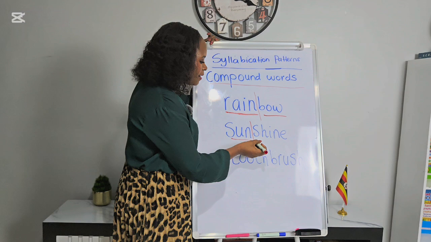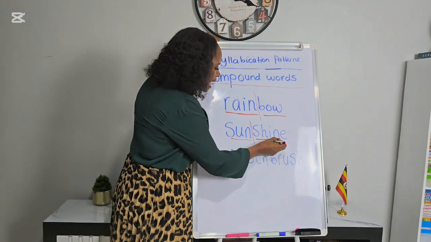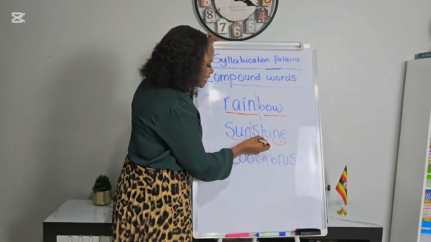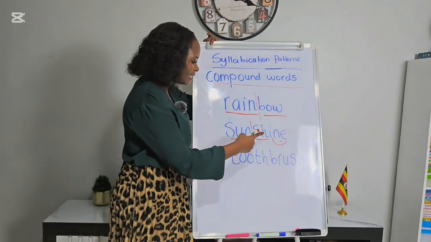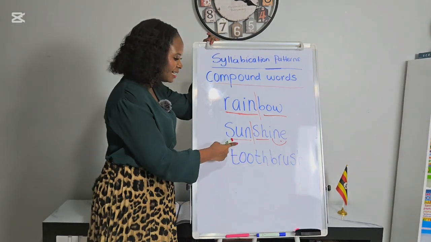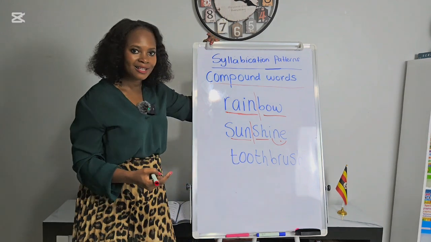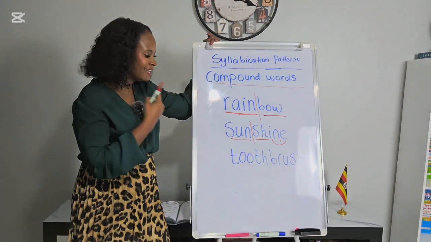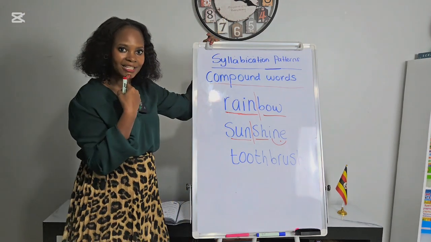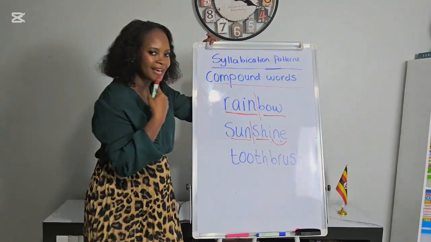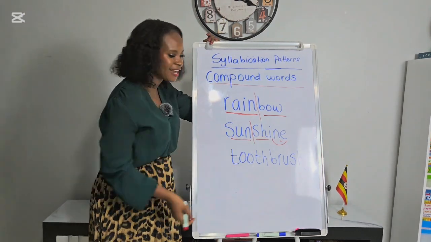Now let's move to the other part. Blend. Shine. Oh, we have two words. Sun, shine. Sunshine. What's the word? Sunshine. Sun makes sense on its own and shine makes sense on its own. When they're combined together, they make a new word, sunshine.